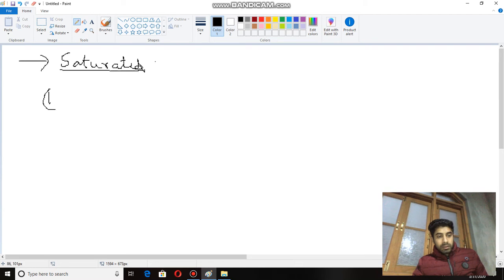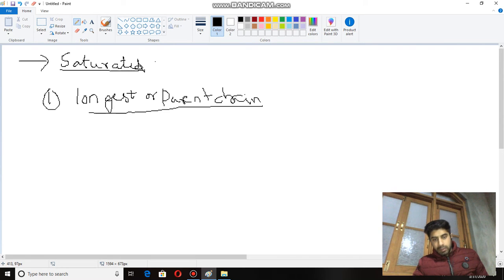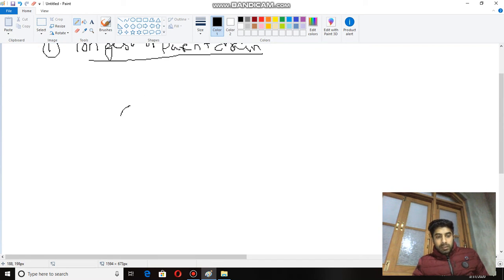First rule, this is longest or what is called parent chain. What do I mean by that? For example, I am having a compound like this.